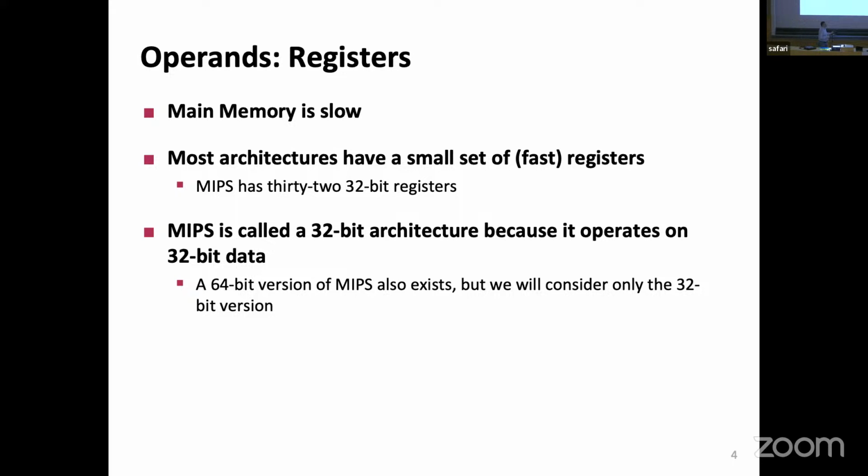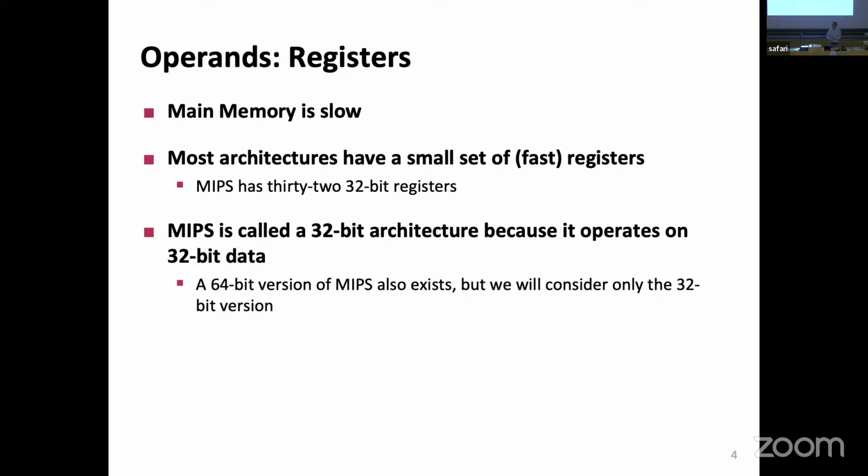It takes sometimes 50, 80, 100, 1,000 cycles of the processor to go and fetch a piece of data from the memory. Since it is so slow comparatively, we have a small set of registers right in the processor. Those registers are right under our hand. It's a small set. MIPS has 32 of them, and we can use them immediately.